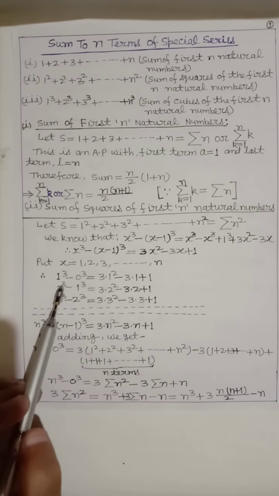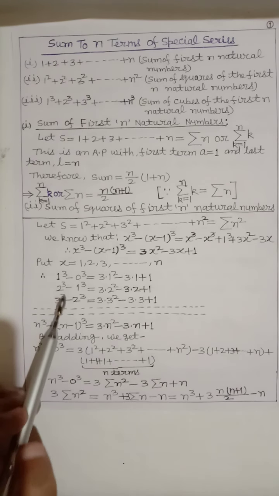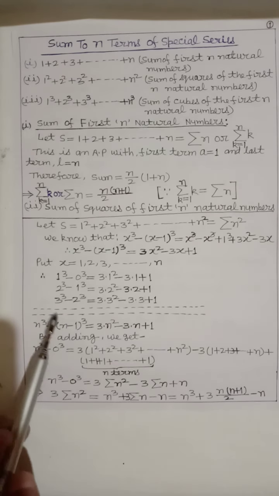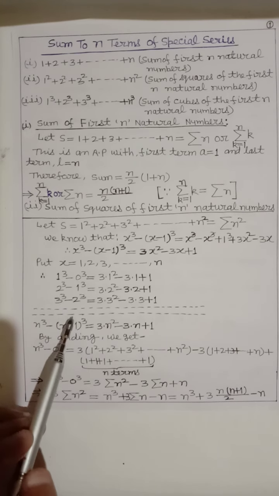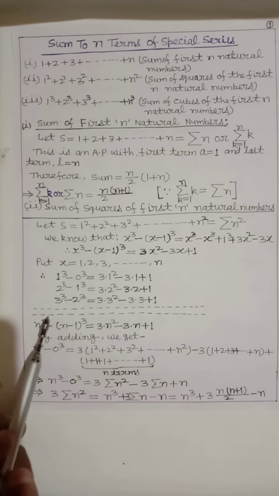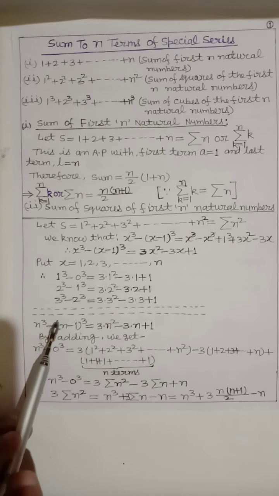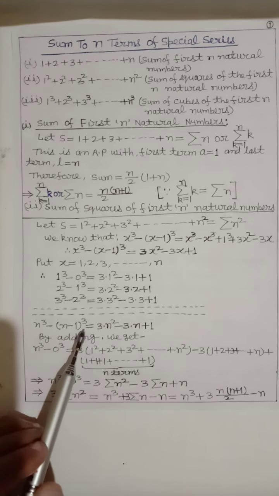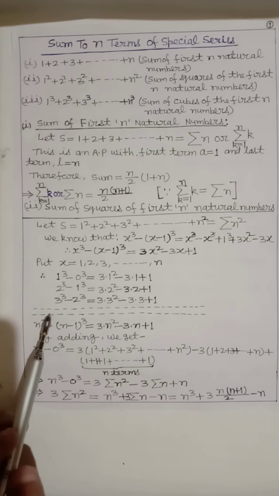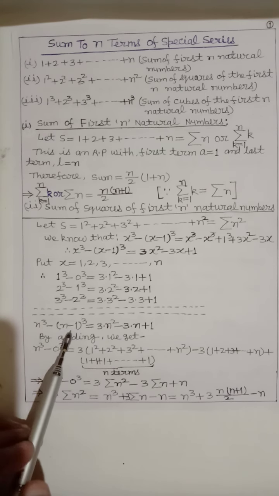Similarly, 2 cube and minus 2 cube, here this is plus, this is minus, so both will be cancelled. Similarly, 3 cube and minus 3 cube both will be cancelled, and so on. Here n minus 1 whole cube and minus n minus 1 whole cube both will be cancelled because one is positive and this is negative.